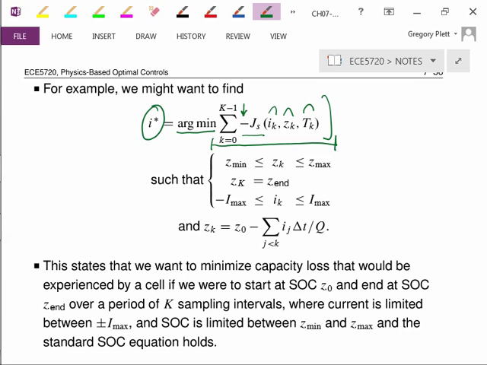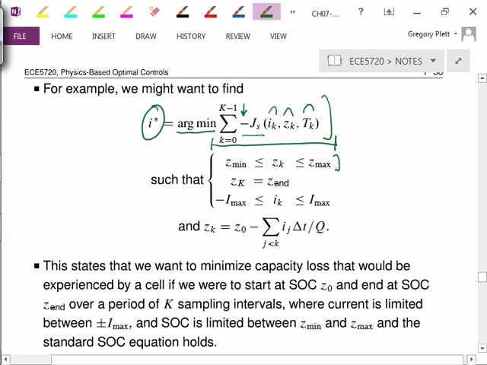We have constraints. We may still have some design limits on state of charge, that the state of charge at every point in time k must be bigger than Zmin and less than Zmax. We could set Zmin to 0 and Zmax to 1 if we want to have basically no limits at all.